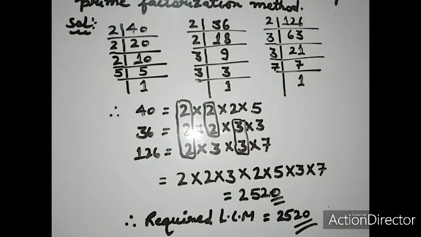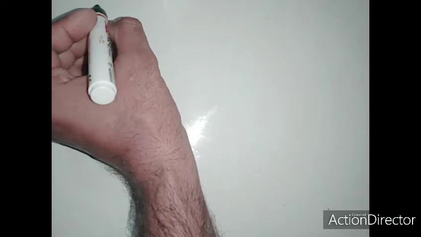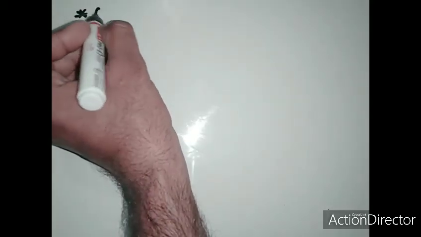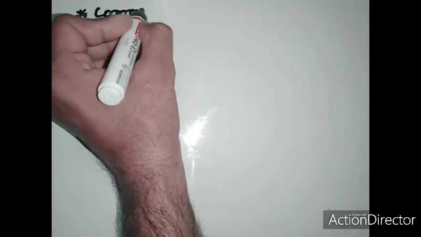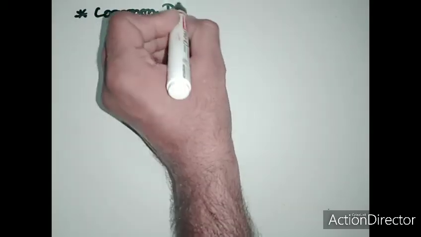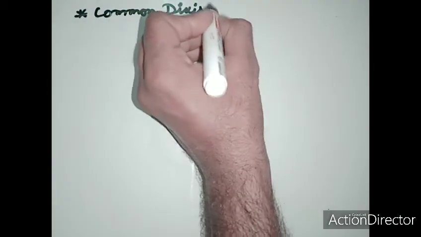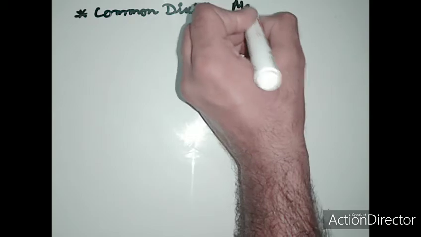Now we take another example related to LCM. So the next question is based on another method to find LCM, and the name of this method is common division method.